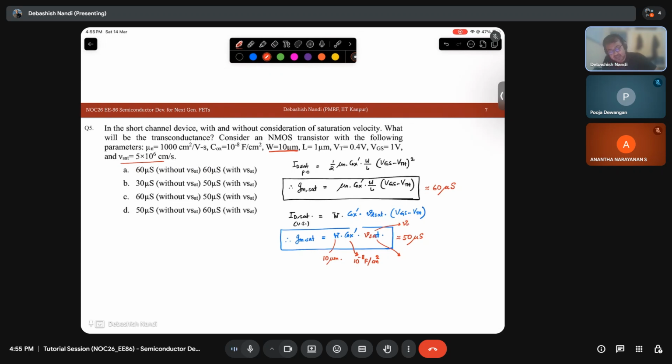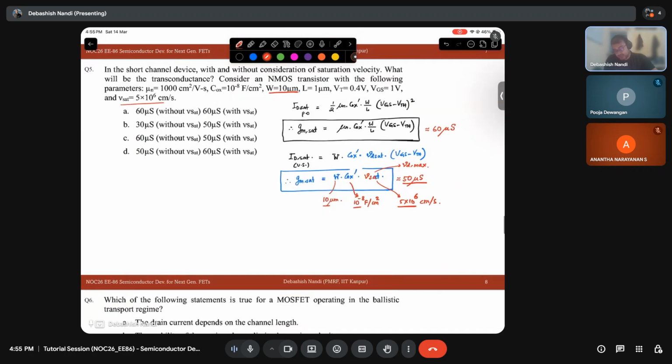This is the same thing as VD max. This is your 5 into 10 raised to 6 centimeter per second. So you can multiply and you will get 50 microsiemens. Fine. So that is all about velocity saturation.